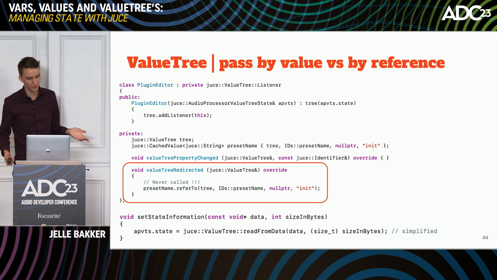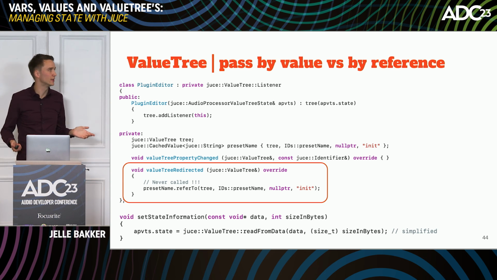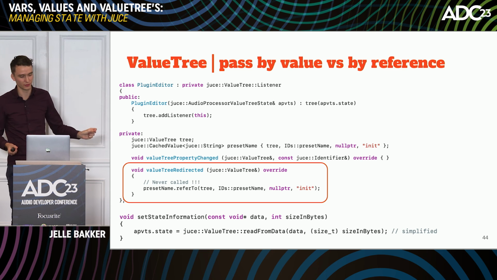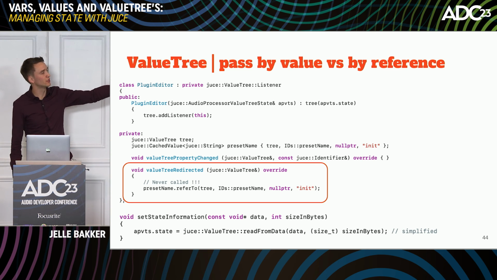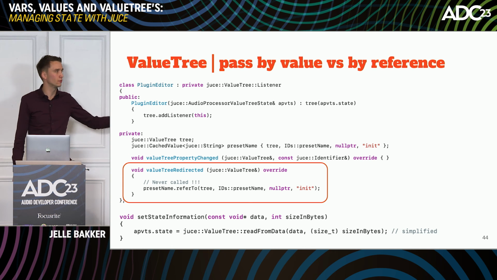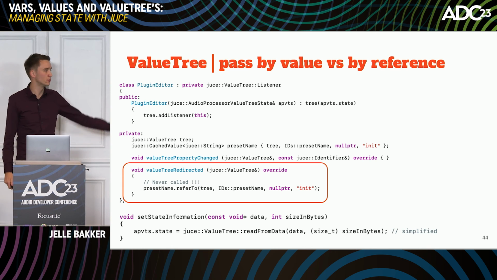So you might think there is this redirected callback that you could get when you reassign a new value tree to a value tree, but it's actually not being called because you're listening to the underlying original old value tree. So when you assign this new value tree in set state, you do not get this callback.